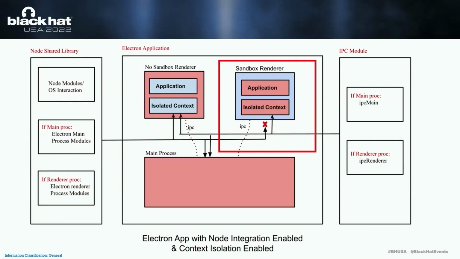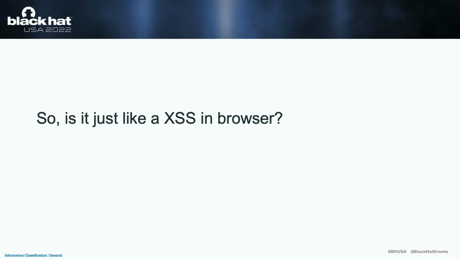So here in the block diagram, we are mostly targeting this sandbox renderer portion. At this point, you might have a question: is this just like having an XSS in a browser, because everything is enabled, all security settings? And the answer to that is no. The reason is that Electron is not the same as your commonly used day-to-day Chromium browser.